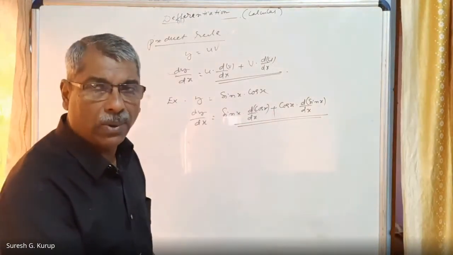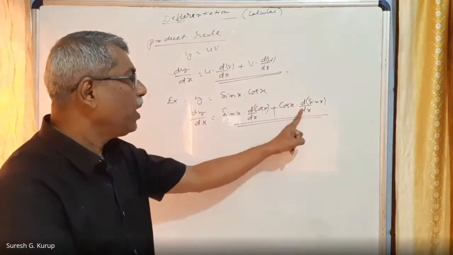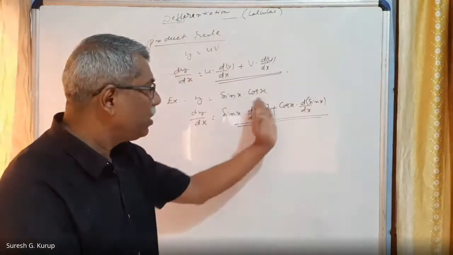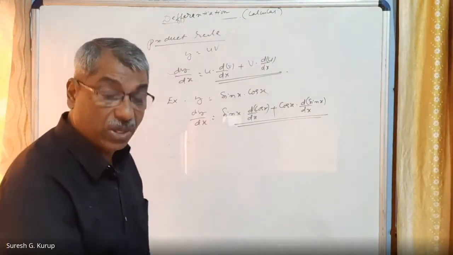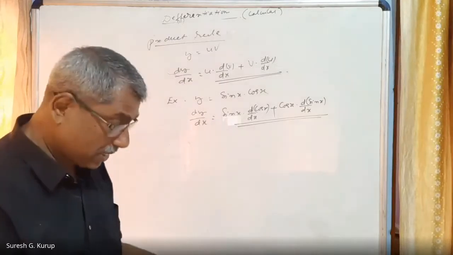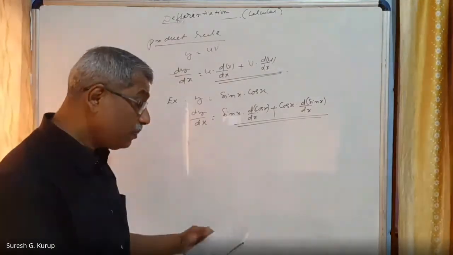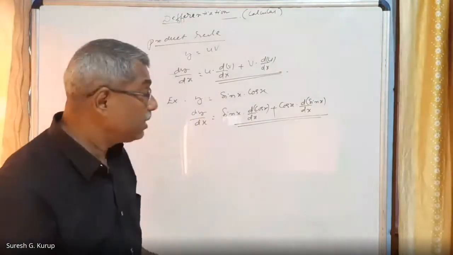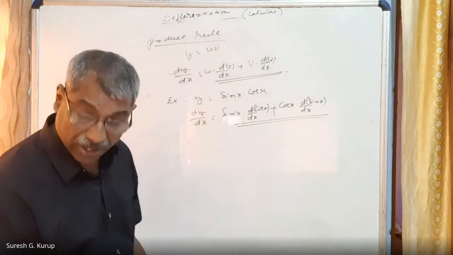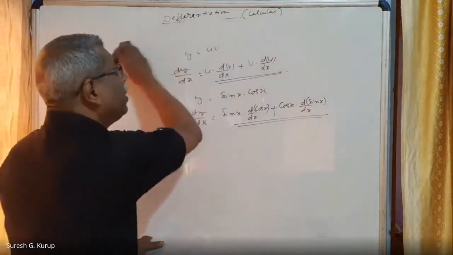Always plus only in a product, plus second quantity into differential of the first. So the differentials of trigonometrical ratios will be coming in due course. This is what is called the product rule. I think you might have noticed and written it. Note it down soon, right?